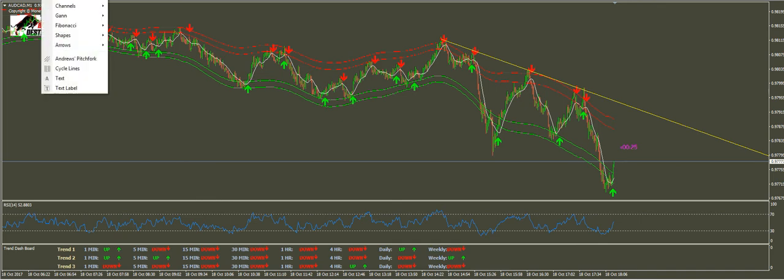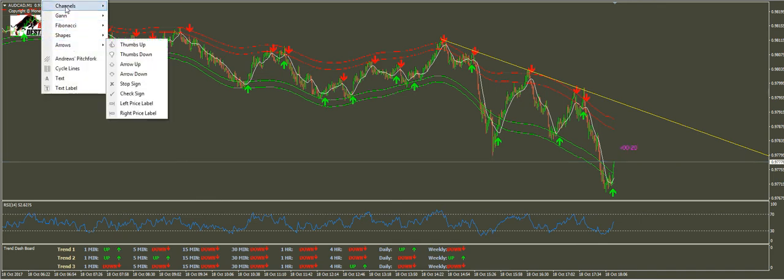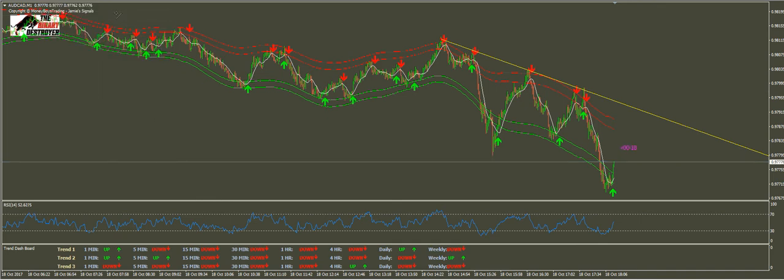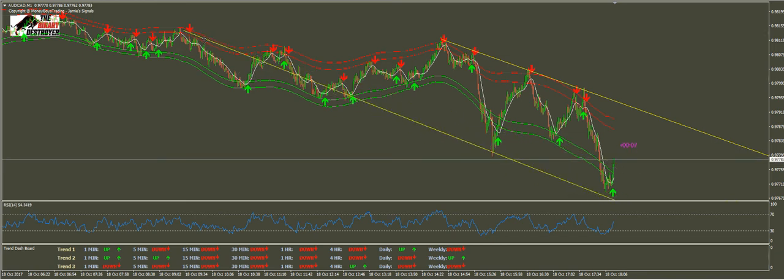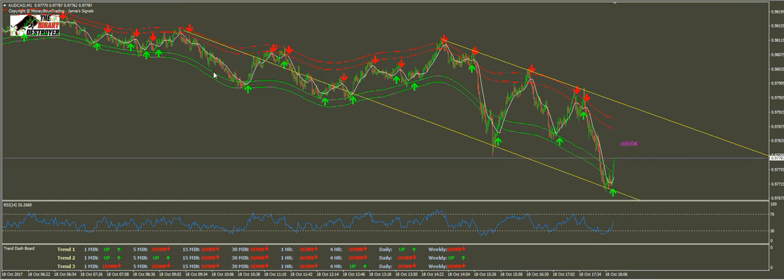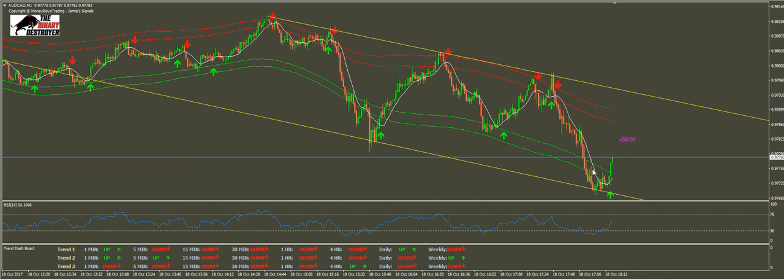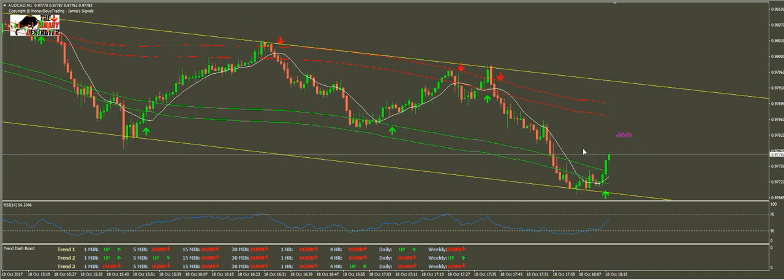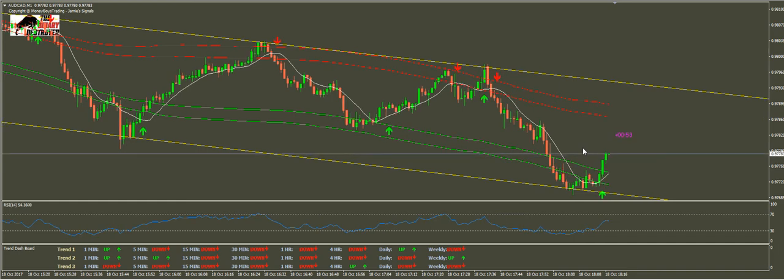If I was to draw another trend line straight from the bottom here, you see how we've got this sort of ranging box effect now? This trade might win. I'm not saying it might not, but this is against the trend. This is the trade that if I was trading live with real money, I wouldn't be taking.